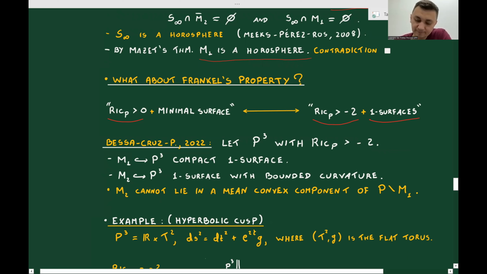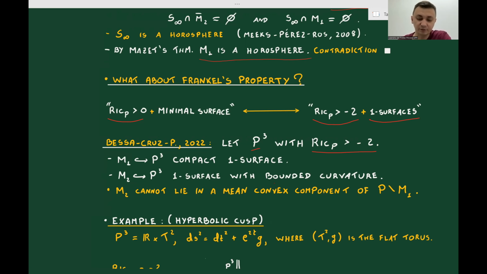So we just pick P as a manifold, a complete manifold with Ricci curvature bigger than -2, and we assume M1 is a compact minimal surface, and M2 is a minimal surface with bounded curvature. So it's not proper, it's not embedded, it's just a minimal surface with bounded curvature.